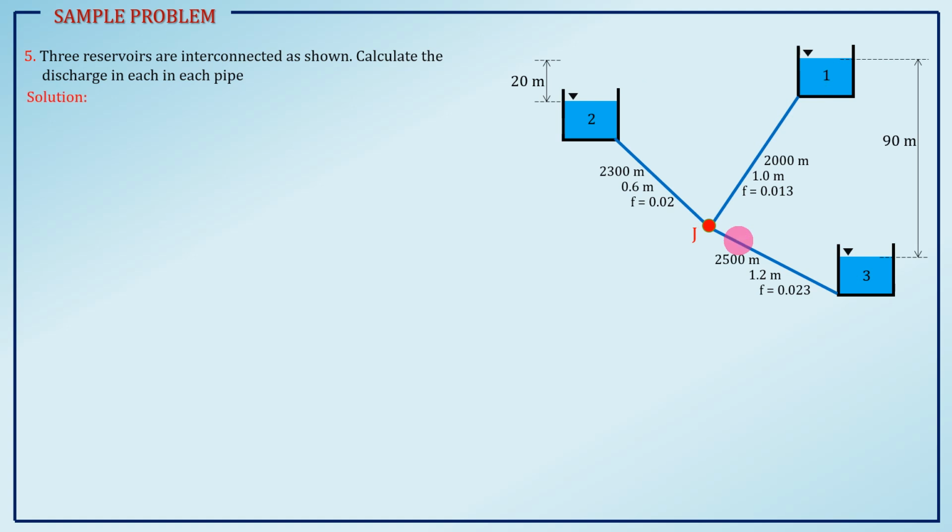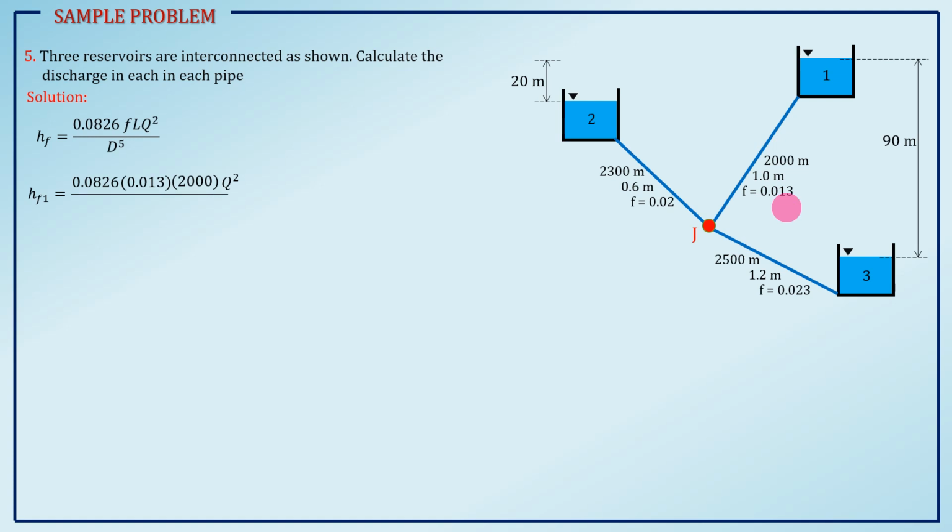So, sa pipe 1, we have this equation na 0.0826 FLQ squared over D raised to 5. So, we will substitute yung properties ng pipe 1 natin. So, F is 0.013, L is 2,000 meters, Q hindi natin alam. So, that is QA or Q1, no?